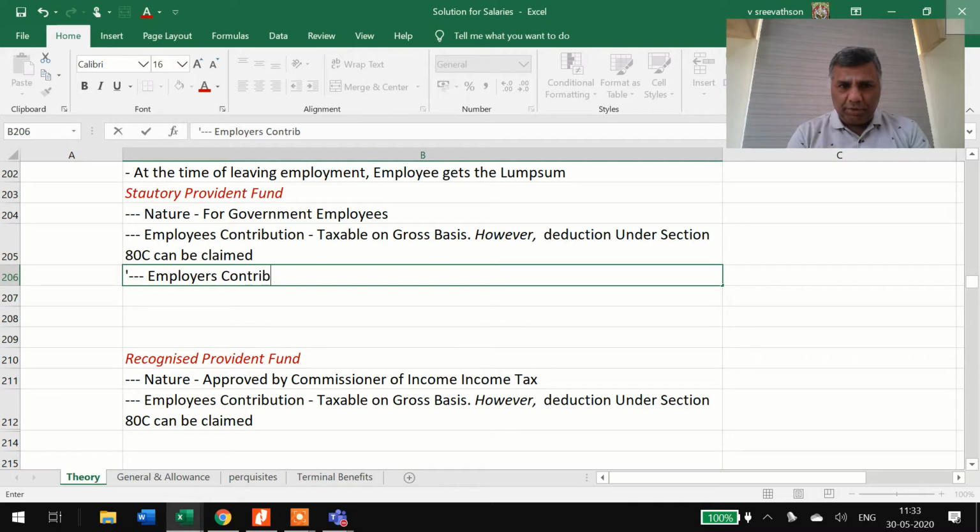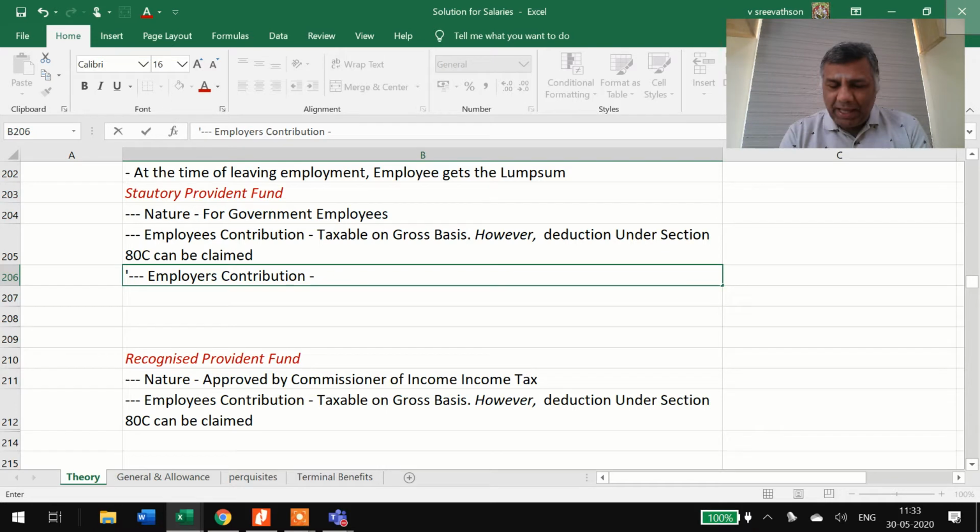Employer's contribution. In the particulars column, employer's contribution.